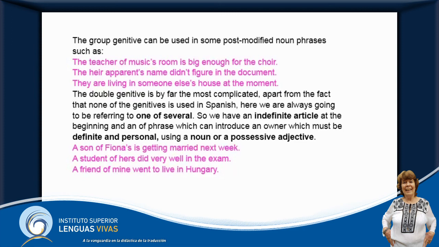If you say, a friend of mine went to live in Hungary, it means that I have a lot of friends, but at this moment only one of them has gone to live in Hungary. And that's why you say a friend of mine. And there we have an indefinite article, an of phrase, and a possessive.